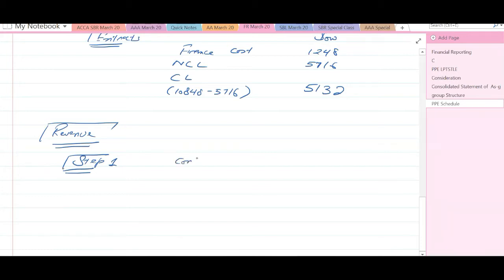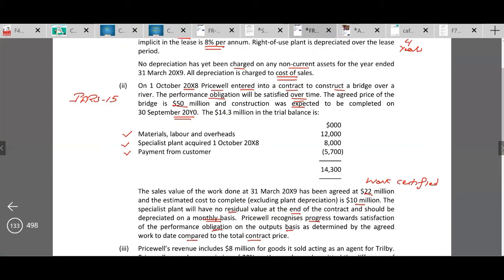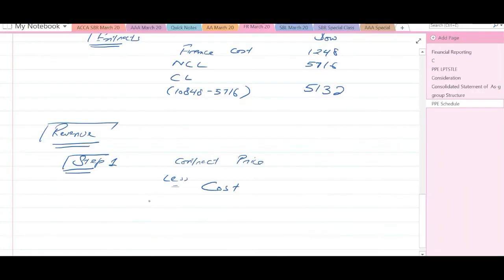So contract price less cost. Now, see, the cost to date is 12,000. The further cost is 10 million. And the plant is acquired specially for the construction. So this is your cost as well because it will be depreciated over 2 years and has no residual value.